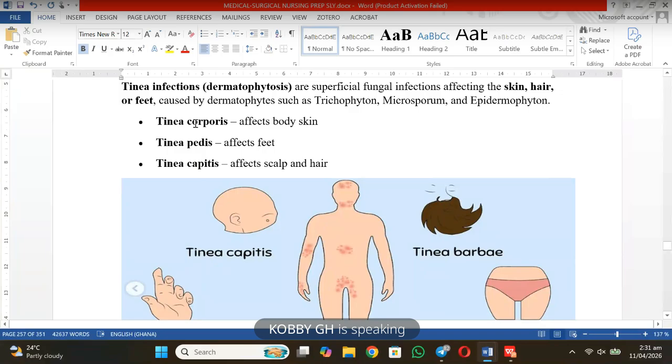Tinea corporis affects your body skin. So when we say tinea corporis, we are talking about tinea infection of the skin.